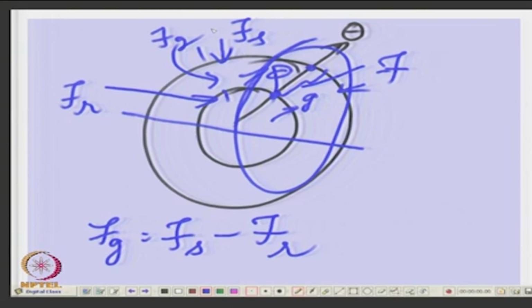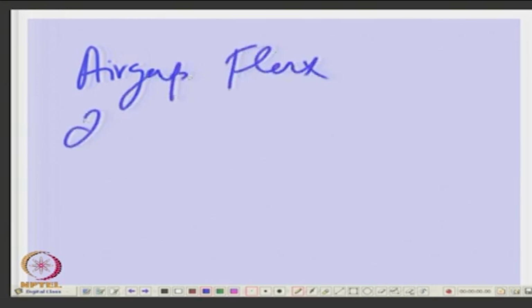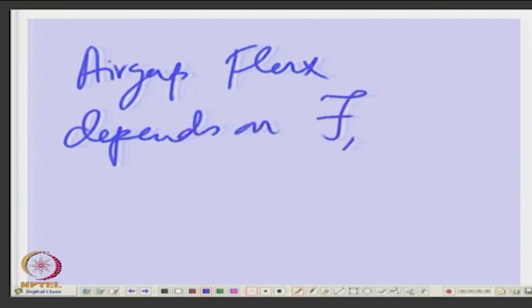Now, air gap flux depends on Fs and Fr. Till now, what was rotating?